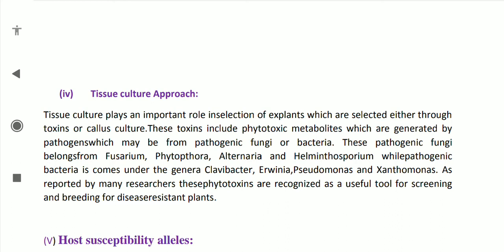These pathogenic fungi belong to Fusarium, Phytophthora, Alternaria, Helminthosporium, while the pathogenic bacteria come under the genera Clavibacter, Erwinia, Pseudomonas, and Xanthomonas. As reported by many researchers, these phytotoxins are recognized as a useful tool for screening and breeding for disease resistant plants.